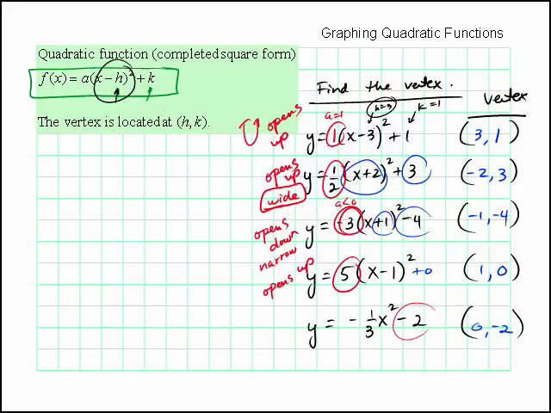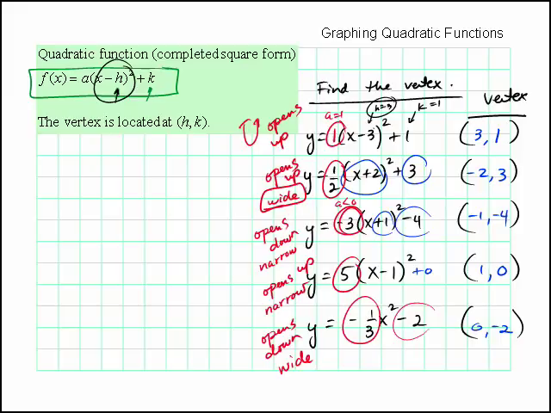And because it's a large number, it's going to be a narrow parabola. And then finally, -1/3 here. It's negative, so it opens downward, and because it's a 1/3, I know it's going to be a wide parabola.